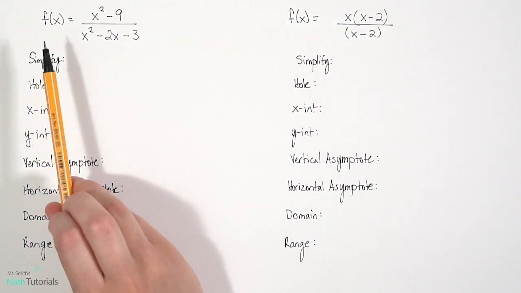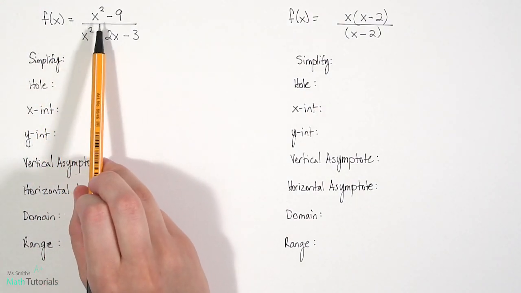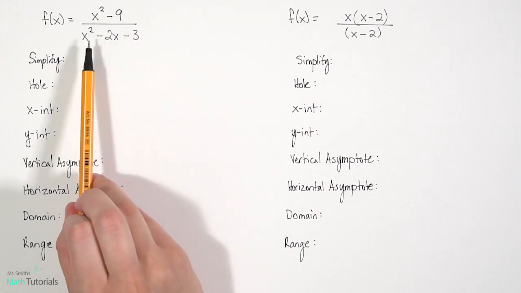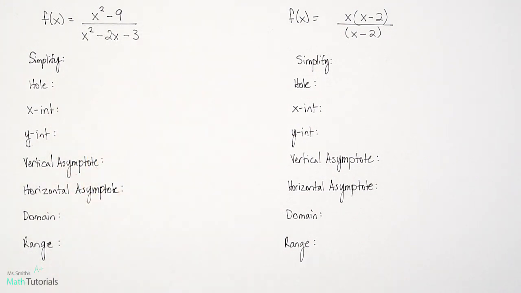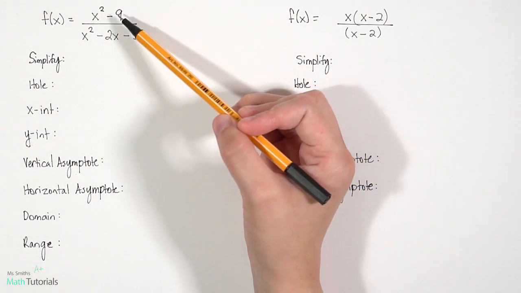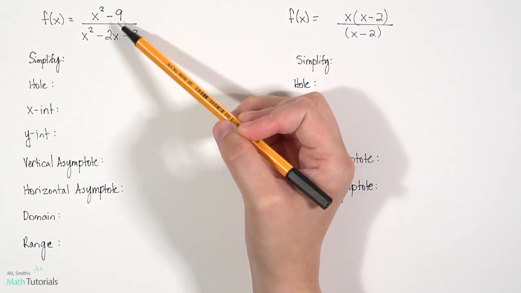In this next example, we've got f of x equals x squared minus 9 divided by x squared minus 2x minus 3. So remember those first steps, which are we are supposed to factor the numerator and denominator if possible. So on the last two examples, there wasn't really anything for us to factor. They already gave them to us in factored form, which was nice. In this case, both the numerator and the denominator can be factored.